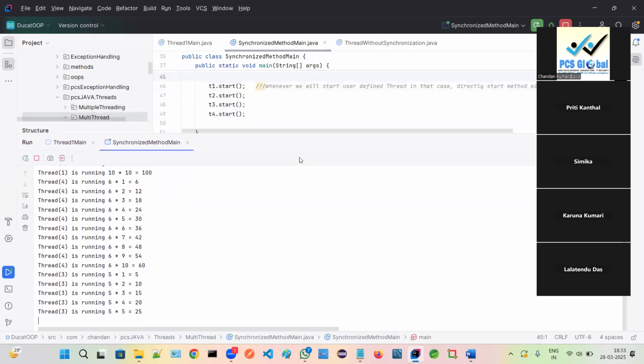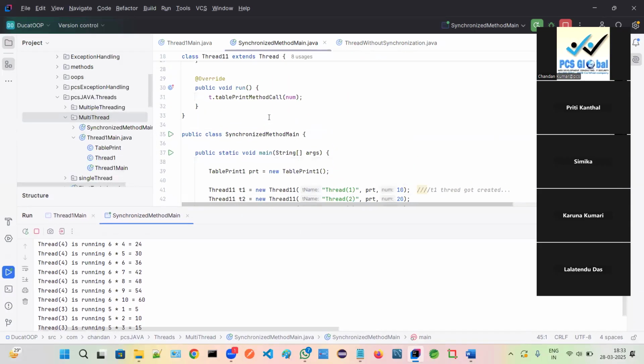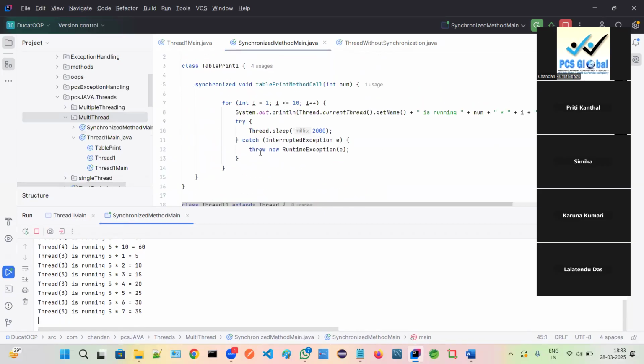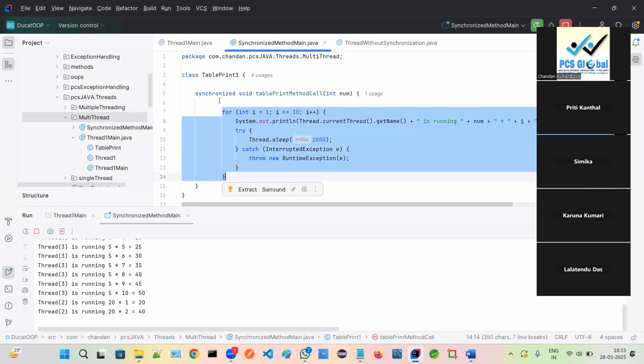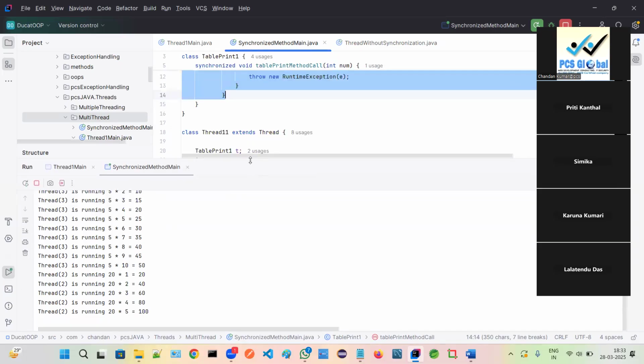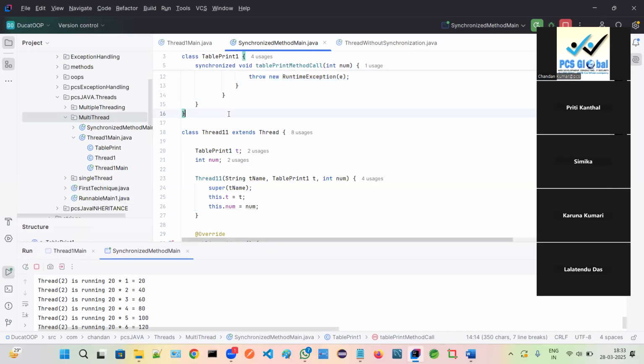Data inconsistency means each thread was accessing the table print method call and executing it at the same time, so we were getting wrong output, right? Wrong output at every level.